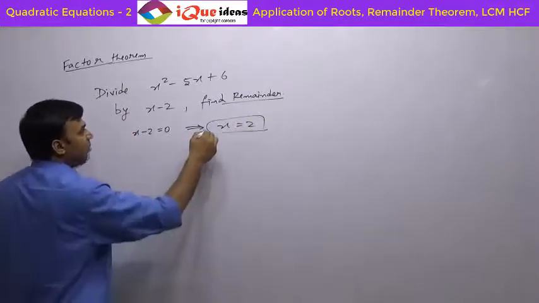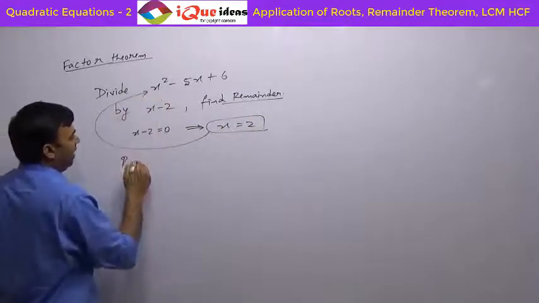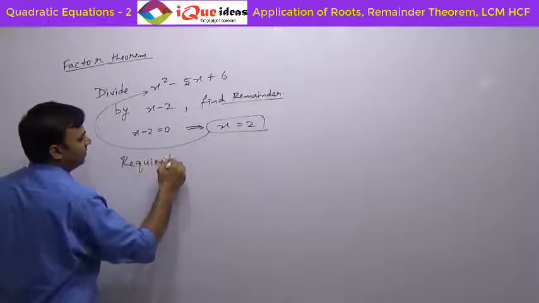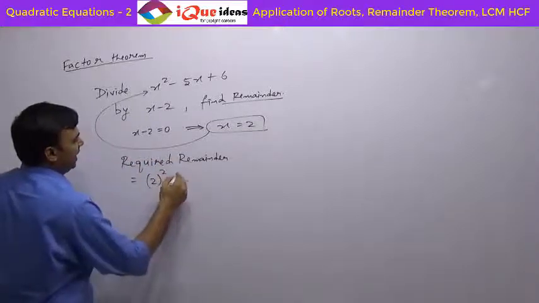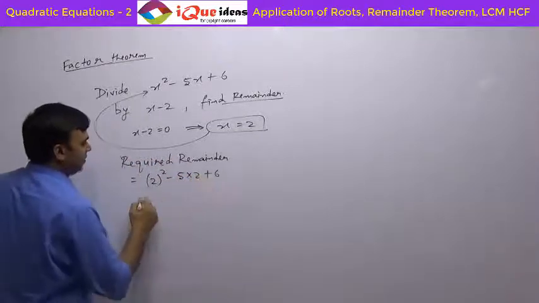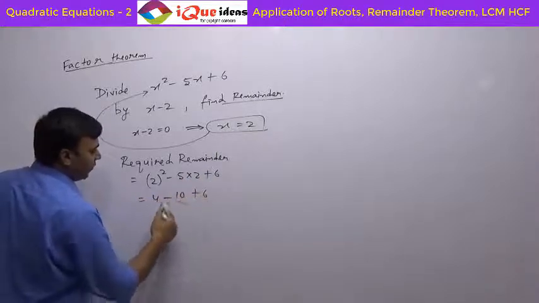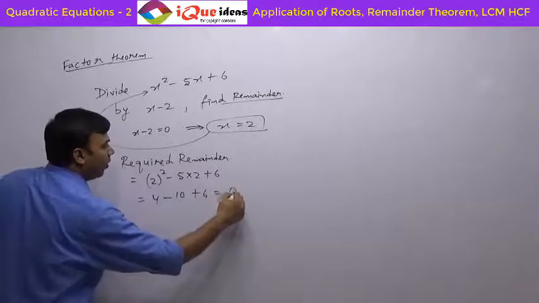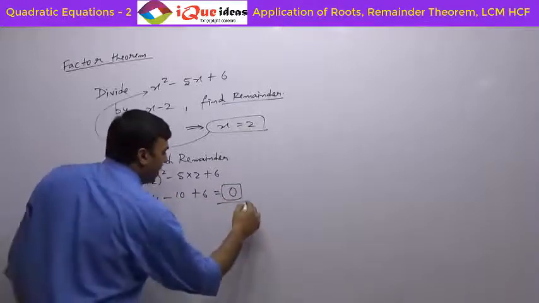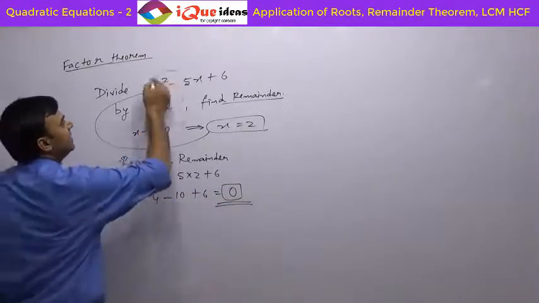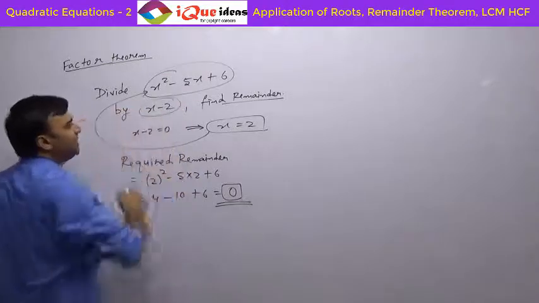Right? Now if I put x equal to 2 here, I'll get required remainder as 2 square minus 5 into 2 plus 6. Now 2 square is 4, minus 5 into 2 is 10 plus 6. Now 4 plus 6 is 10, 10 minus 10 is 0. Oh, so if my remainder is 0, we say that this item is divisible by this.